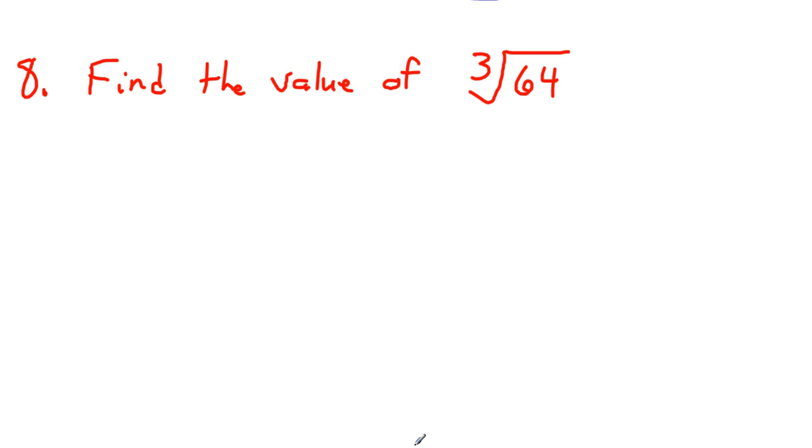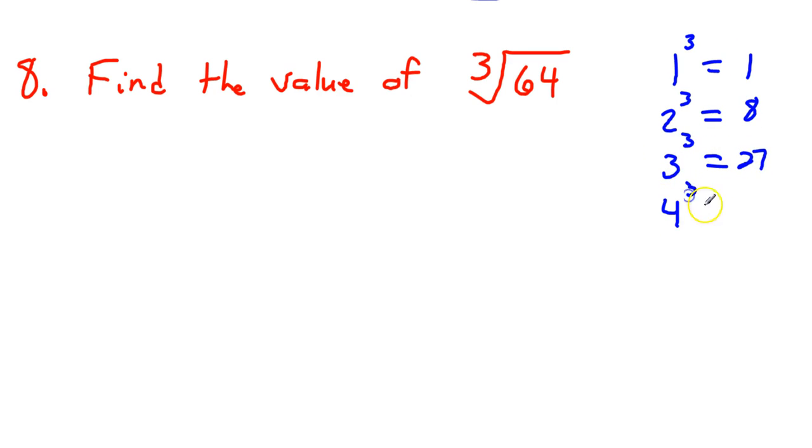Probably the easiest thing with third roots is to think about the list of numbers to the third power. 1 to the third would be 1. 2 to the third would be 8. 3 to the third would be 27. 4 to the third would be 64.